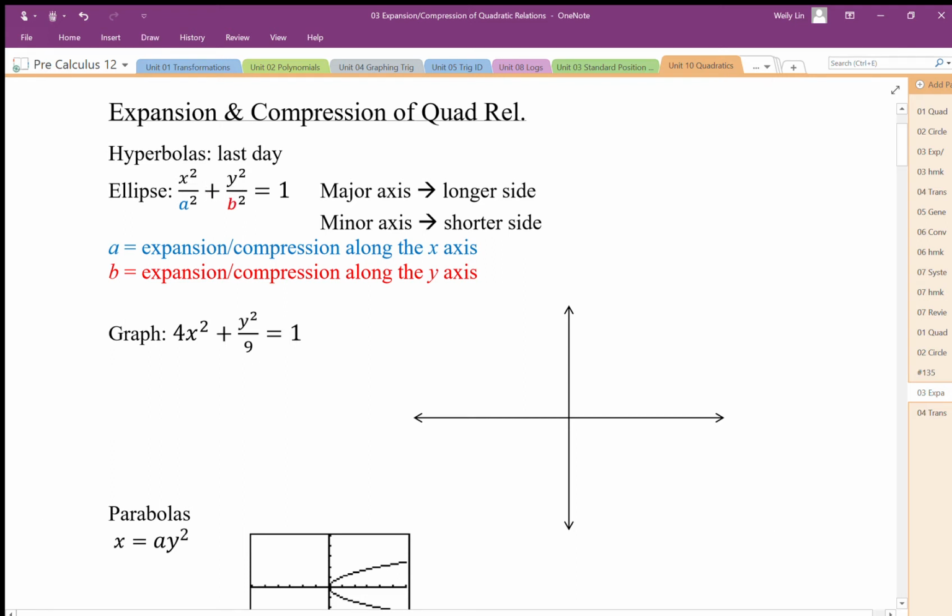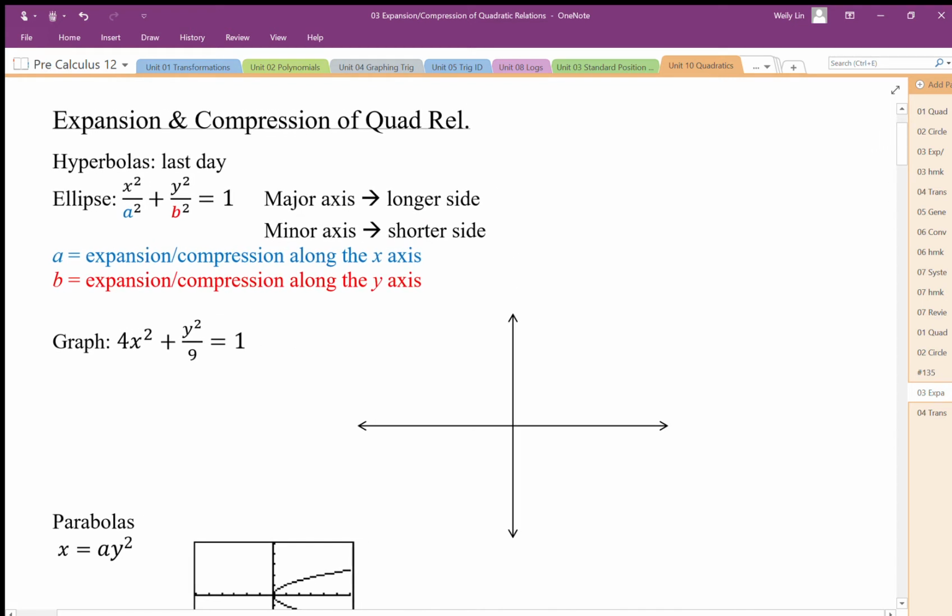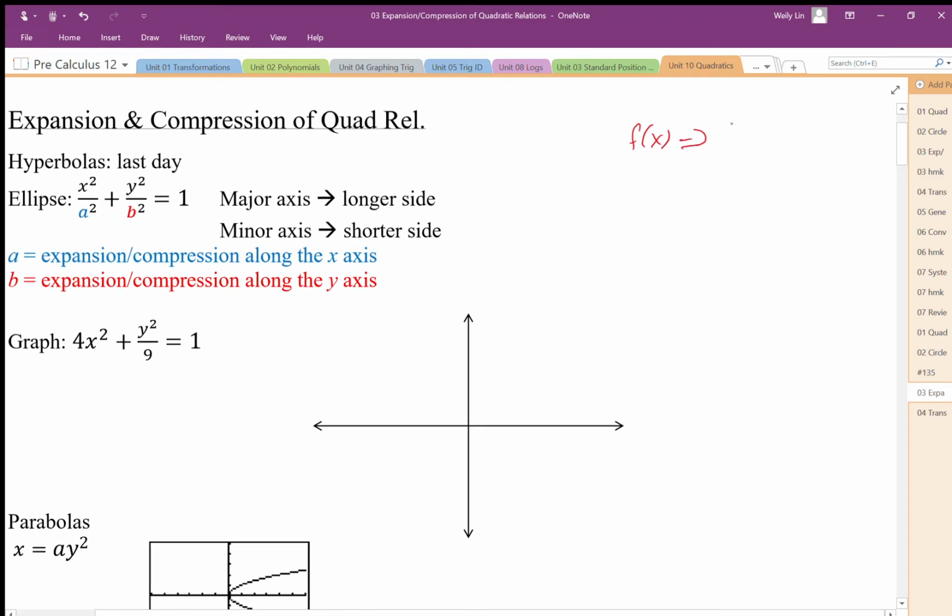So if we think of how we compress or expand on the x, so if I had an f of x, to compress along the x, really we would do f of x over a. So if you take a look at this expression here, this is really x over a.